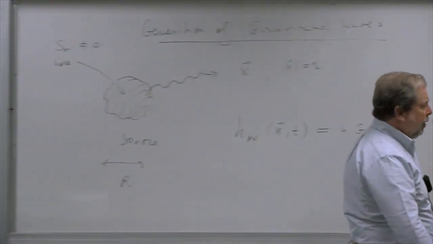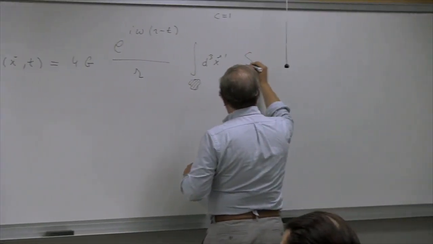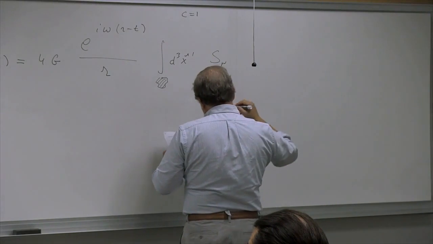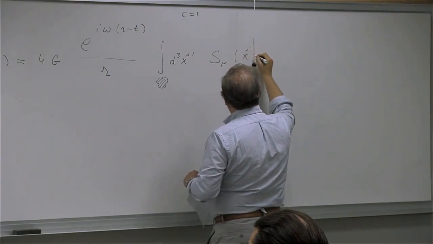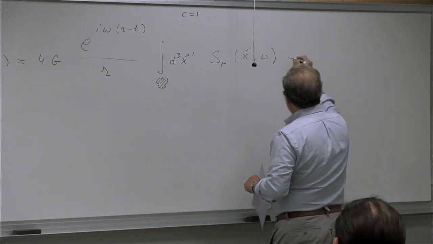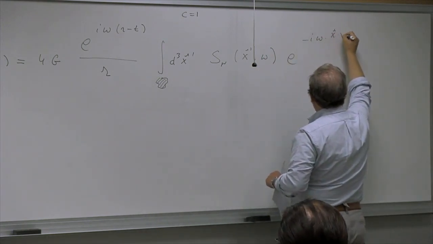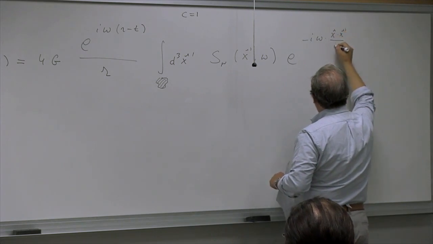So that's where the integral over x' extends. And so what's left over is, of course, S_{μν}(x', ω) times e^{−iω x·x'/r}.